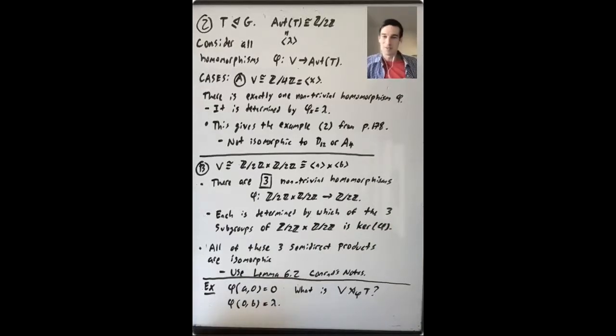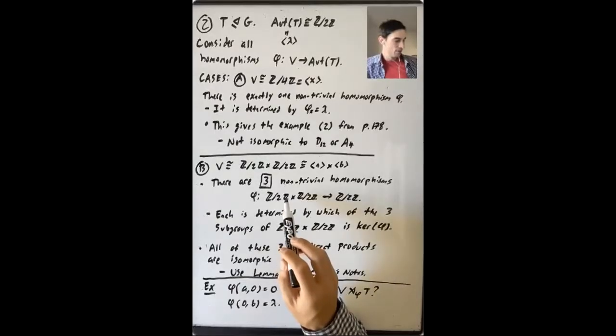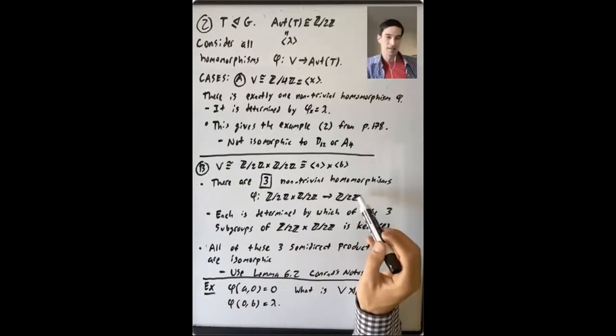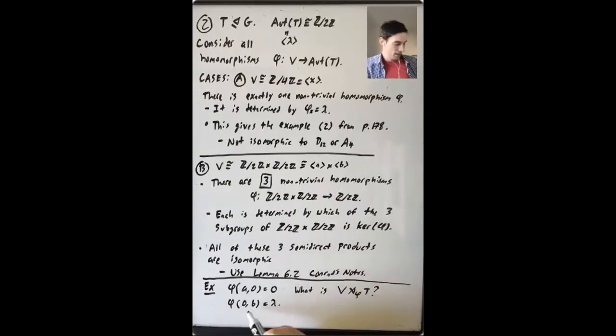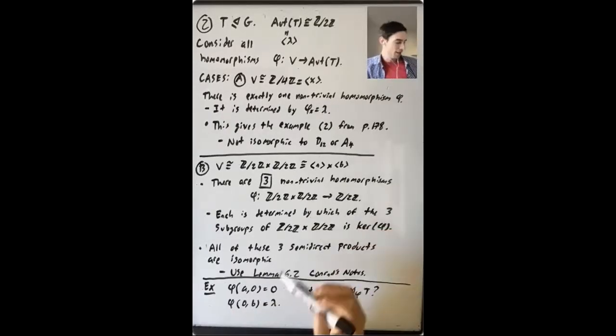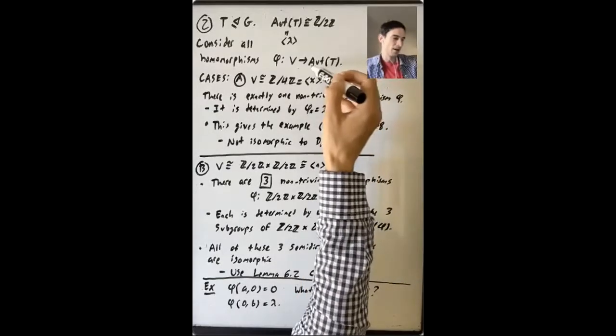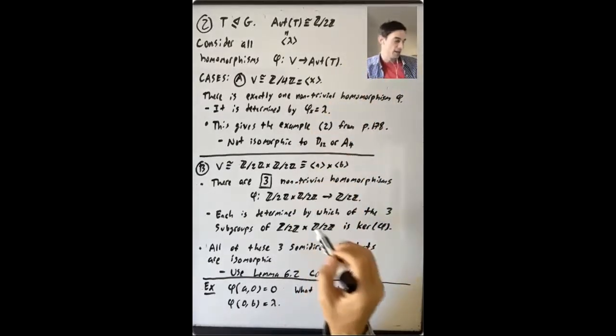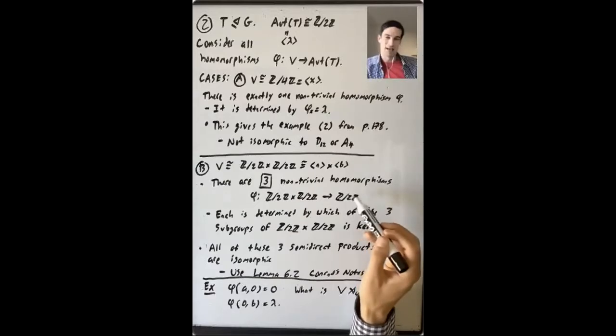All right, so now let's just pick our favorite one. Let's say, where do you send phi of (A, 0)? Let's send that to the identity of Z mod 2Z, and phi of (0, B), let's send that to the non-identity element of Z mod 2Z. So here I guess I'm being a little informal. Lambda is our non-identity element of Aut T, which here I've written just as Z mod 2Z.